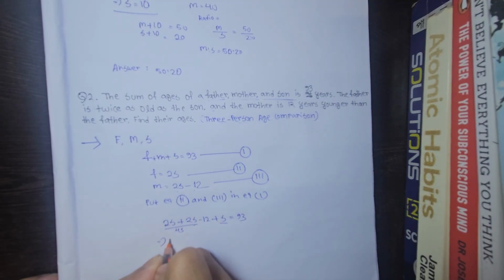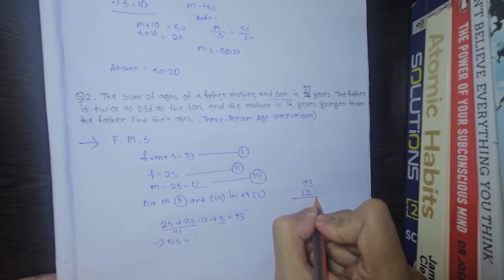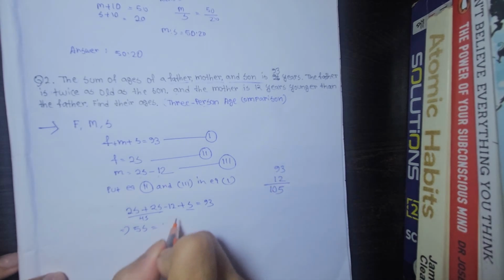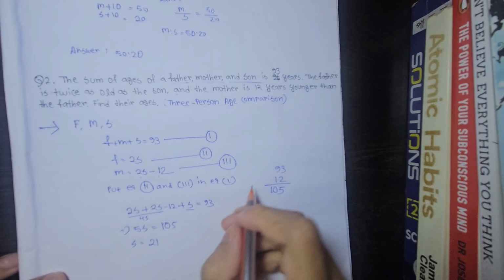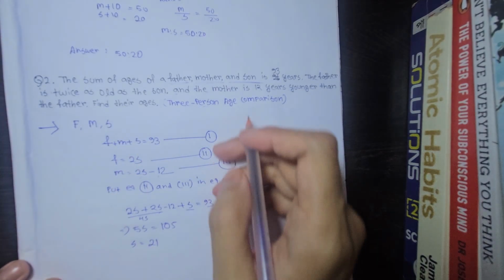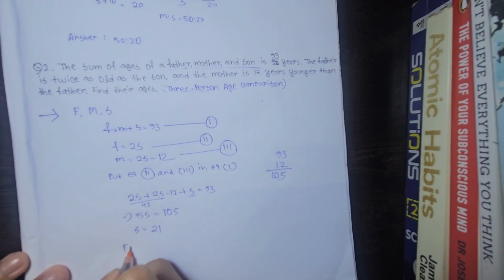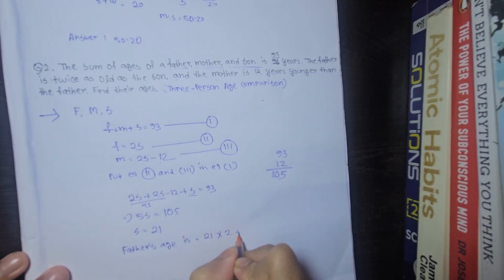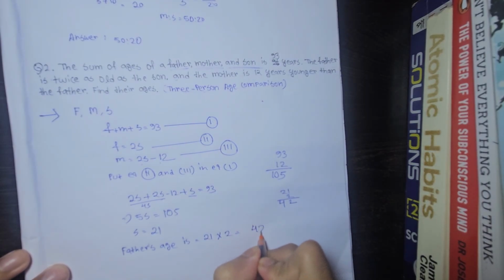We get 5s equals 93 plus 12, that comes to 105. So s comes to 21. So the father's age is 2s, right? So the father's age is 21 times 2, which comes to 42.